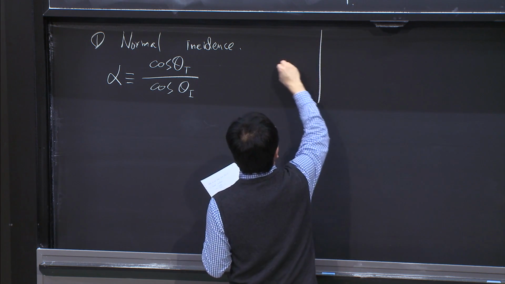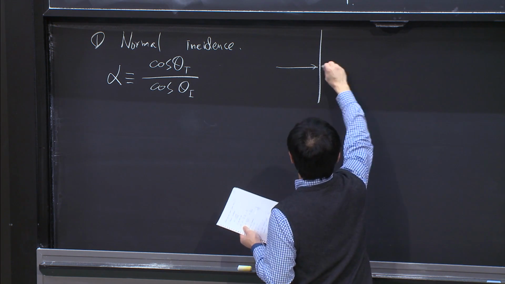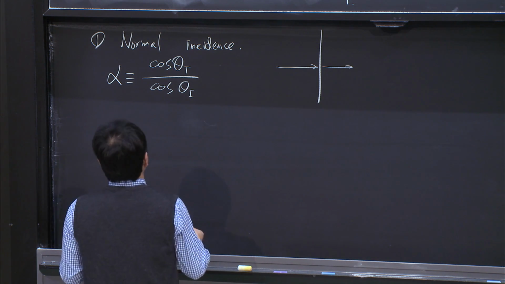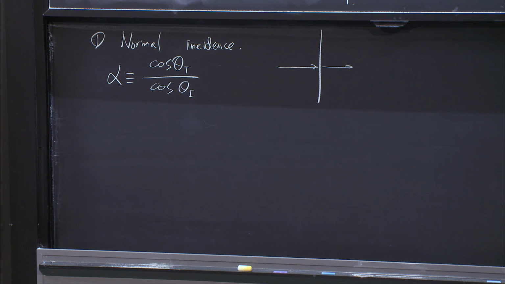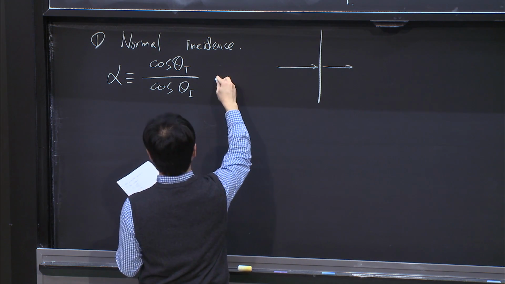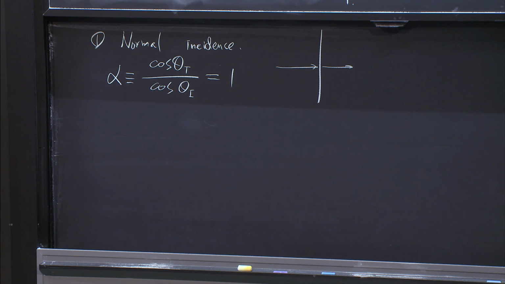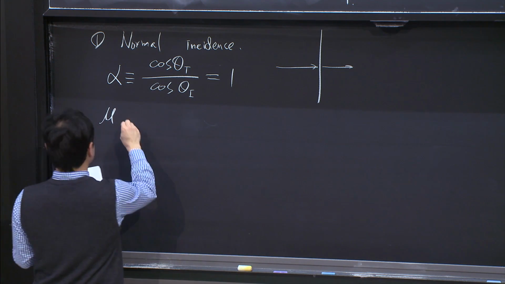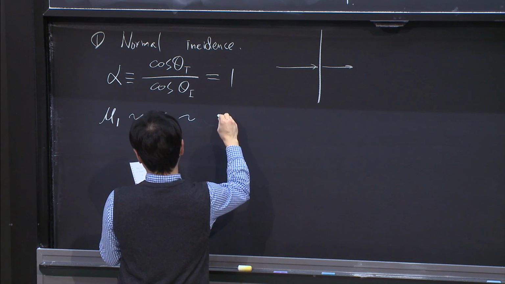If I have normal incidence, that means theta t, theta I, and theta r are all equal, and you will have the same cosine theta t and cosine theta I, and that means your alpha will be equal to 1 in this case.